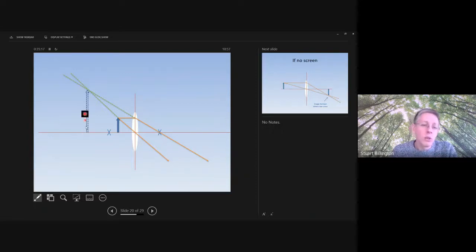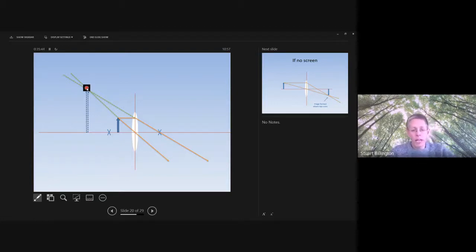And so when we look through the lens with our eyes, rather than trying to focus the image on a piece of paper, we will see an upright, magnified, but virtual image. So I need you to complete this diagram.